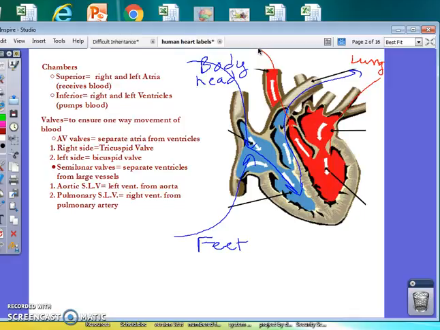Once the oxygen is used, the blood turns blue again, it comes back to the heart, and it starts this journey all over again. It typically takes about a minute for that journey to occur.